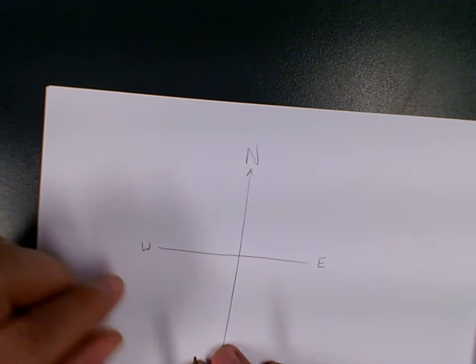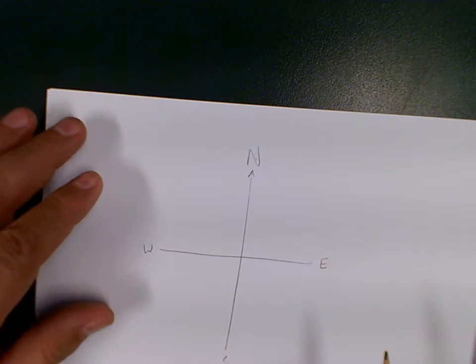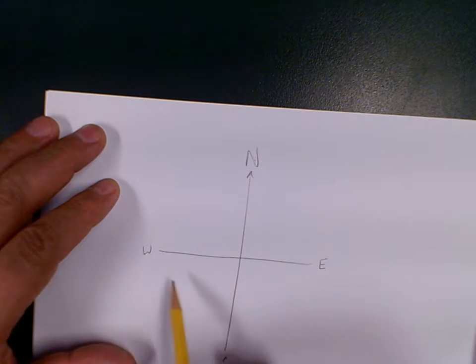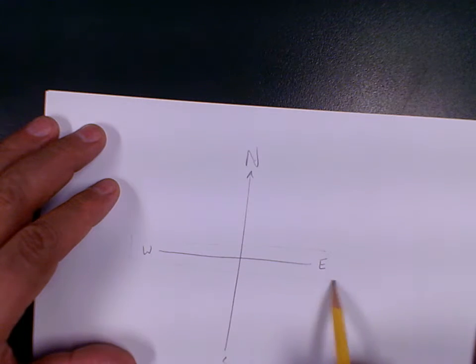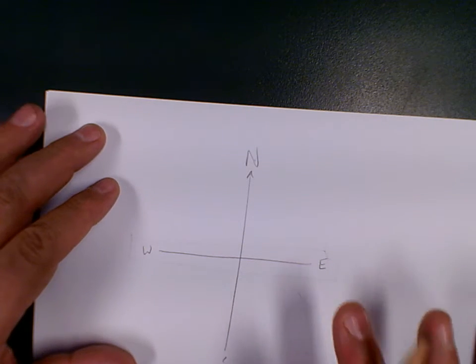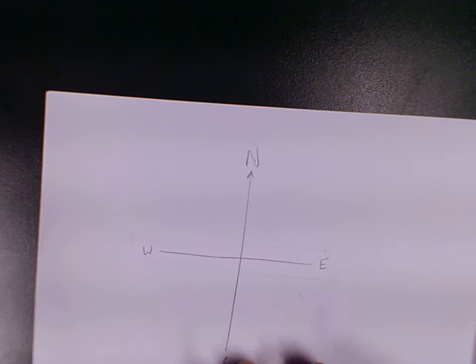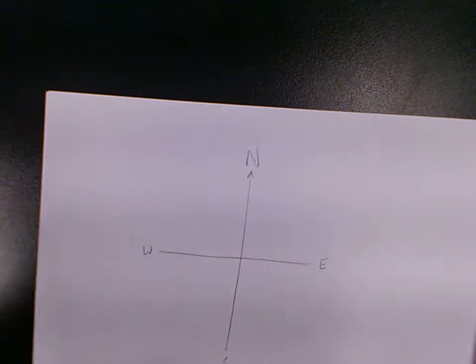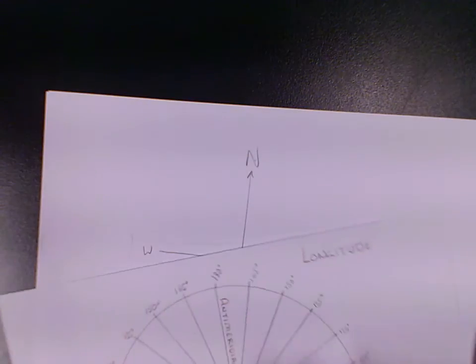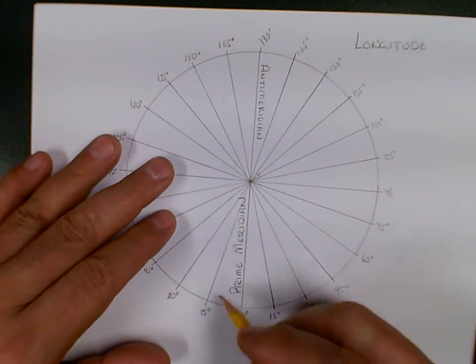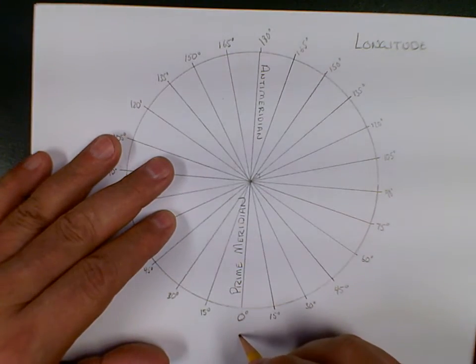So I'm going to give credit where credit is due. Marley Bull suggested that she remembers it as "we." And I love this. This is a great way to remember it. If you're looking at the prime meridian, I'm going to go back to my diagram here. So here's the prime meridian, and I split it in 2.